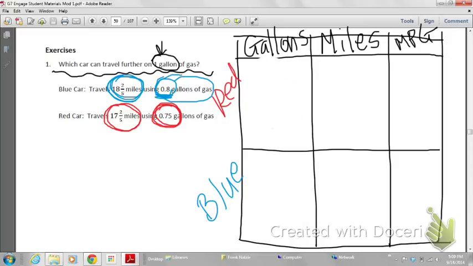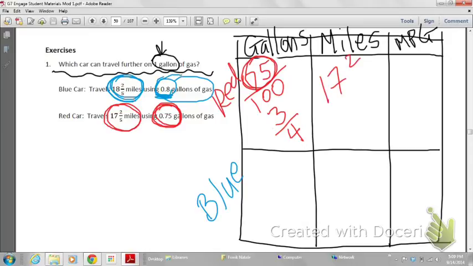So sorry. We have actually 75 over 100, or 75 hundredths. I'm going to simplify that right away because I know 75 out of 100, like 75 cents out of $1, is 3/4. So I have 3/4 gallons, and the miles I go are 17 2/5 miles, okay?